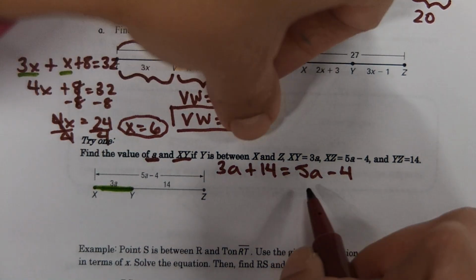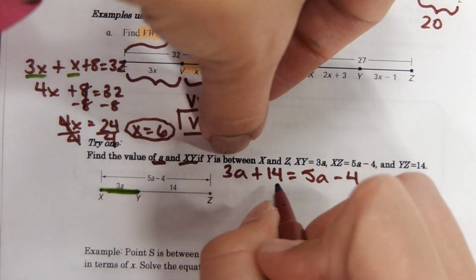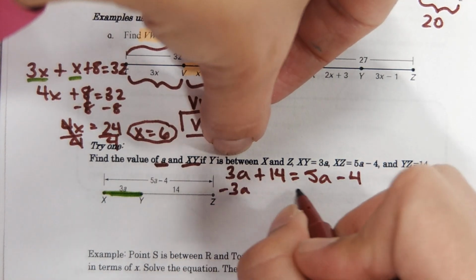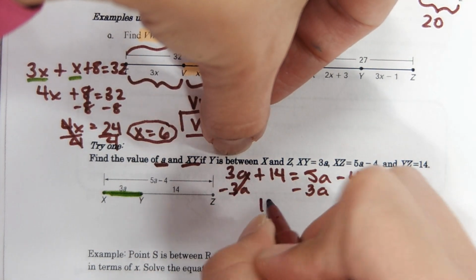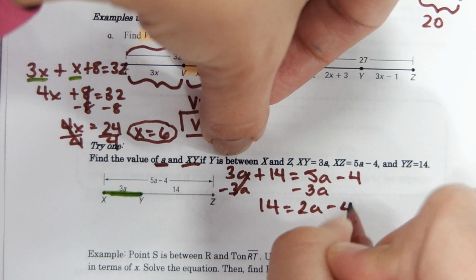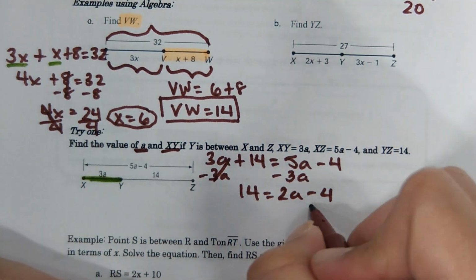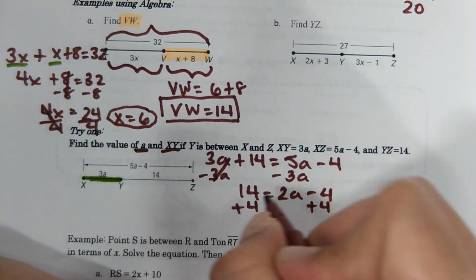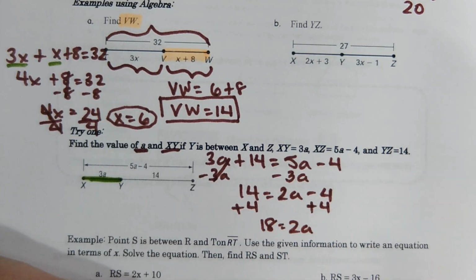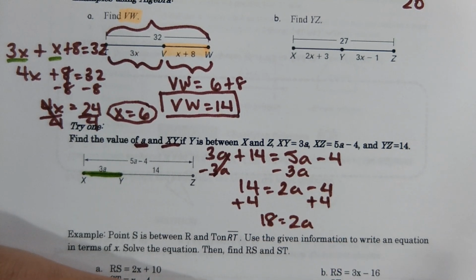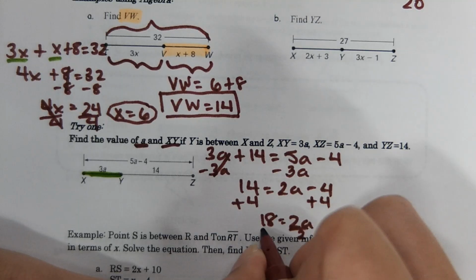And then from here, I like to try to keep my numbers positive. So when solving this, I'll subtract 3A from both sides. Add 4 to both sides. We get 18 equals 2A. Divide by 2.